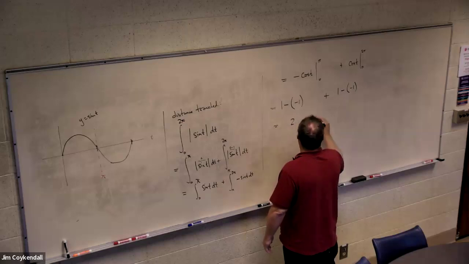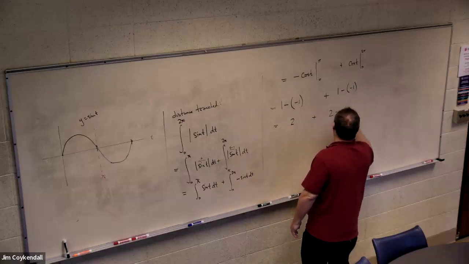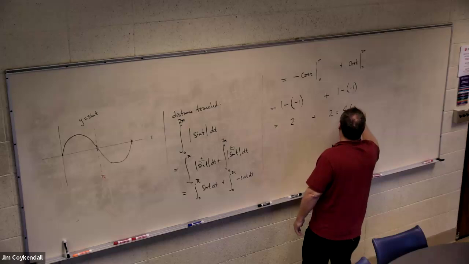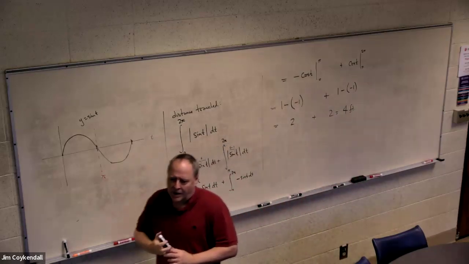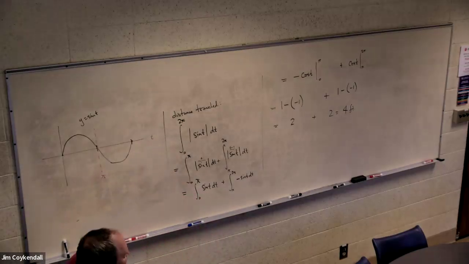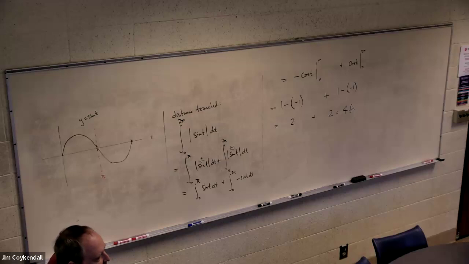So I get 2, and 2 plus 2 is 4. So the displacement of the object was 0. It ended up back where it started. But if you look at its odometer, it'll say it traveled 4 feet.